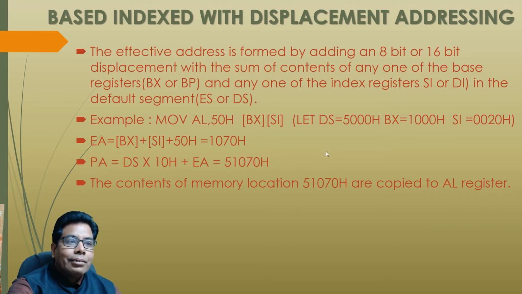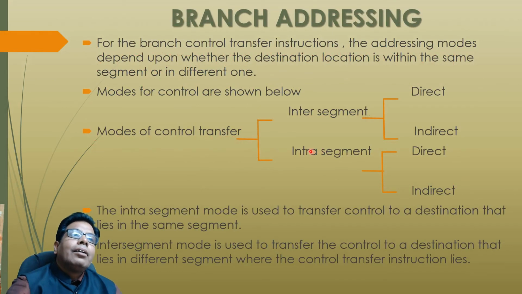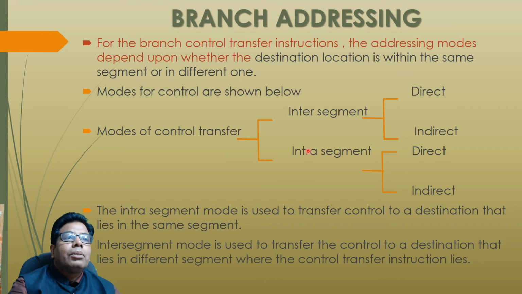Then let us go to the next, that is the branch addressing. Now for branch addressing, the control transfer instructions, the addressing modes depend upon whether the destination location is within the same segment or in a different one.